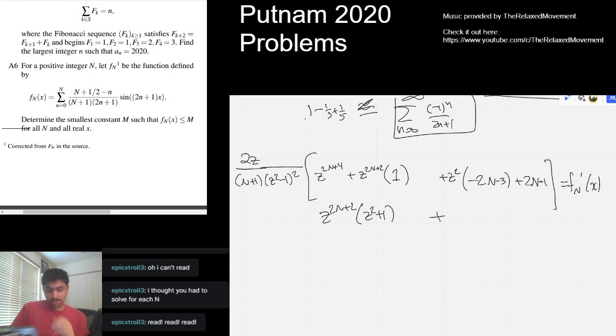If I look at their solution, no. Then they get that the derivative... they were somehow able to evaluate this, which I'm not really seeing.